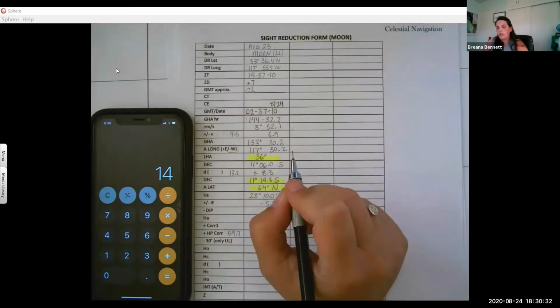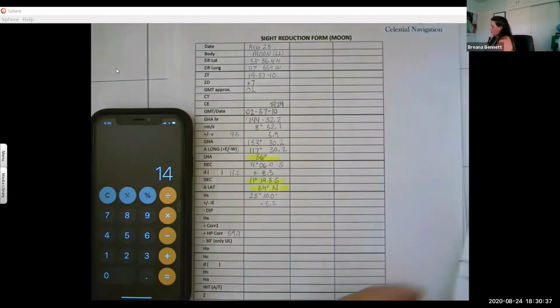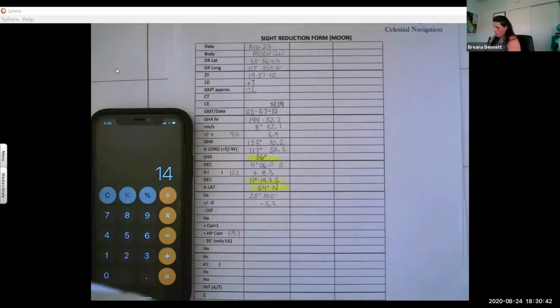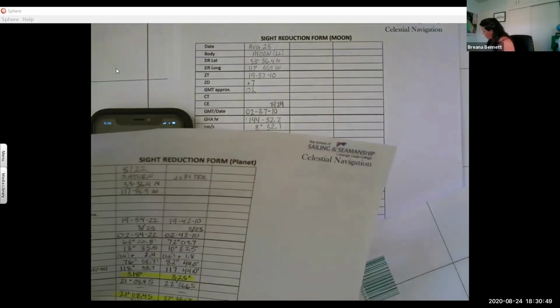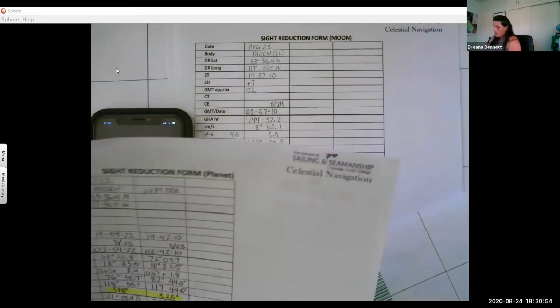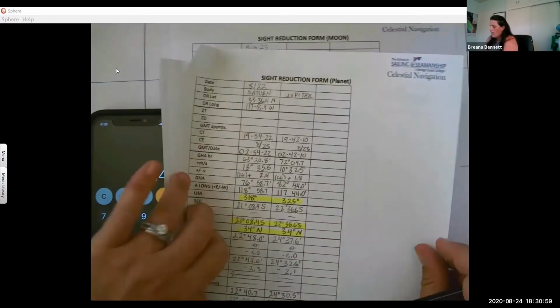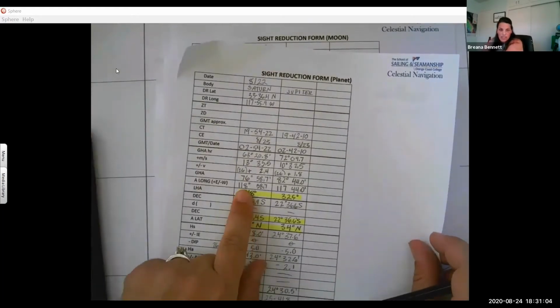I don't know if you noticed, Robert, I sent him a picture of my sight reduction. Which one was it? It was Saturn. Yes, Saturn. I put the wrong assumed longitude.